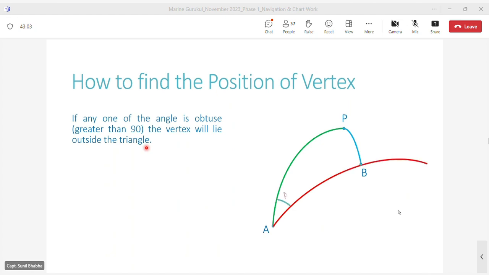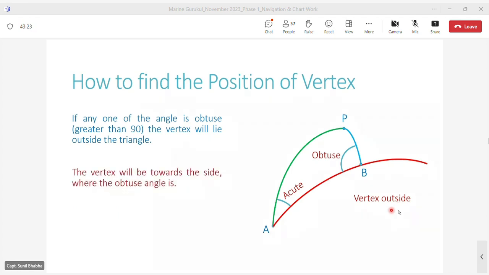In this case, angle A is an acute angle, less than 90 degrees, but angle B is an obtuse angle. In this particular case, the vertex is going to lie outside the PAB triangle.